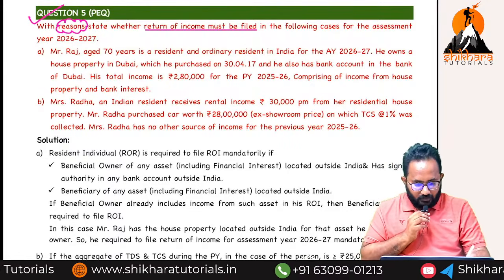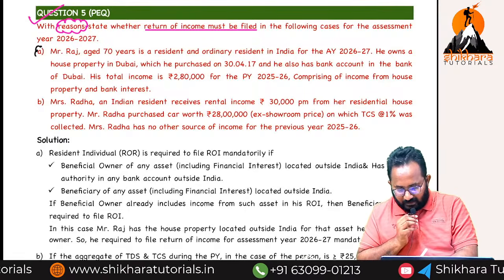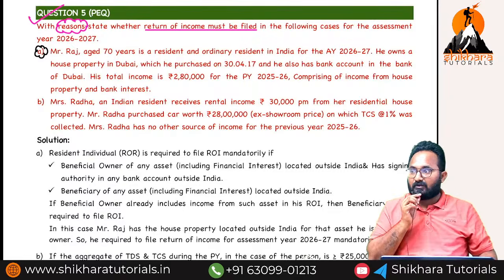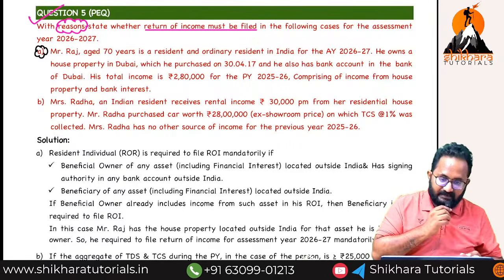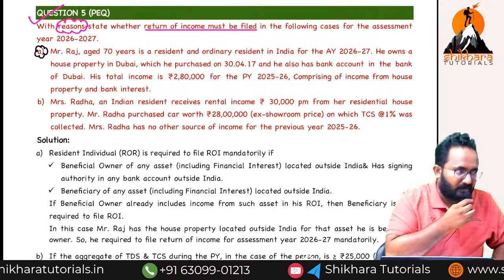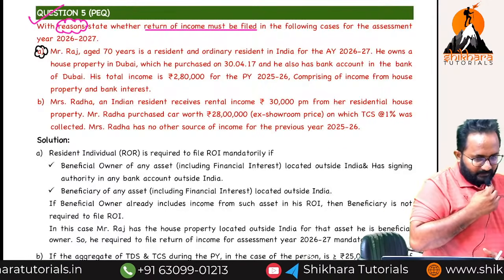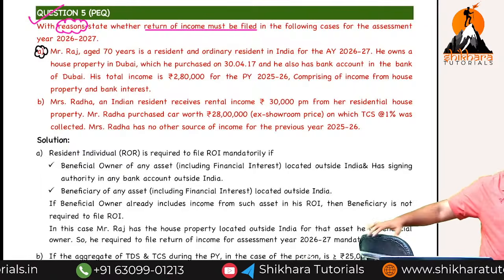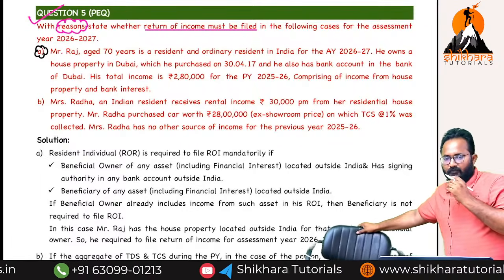All of you please read this question number A, and tell me the final conclusion. Final conclusion means nothing but whether return is required or not required. Please tell me the final conclusion. I don't want explanations from your side. Just please tell me whether return is required or not required to file.